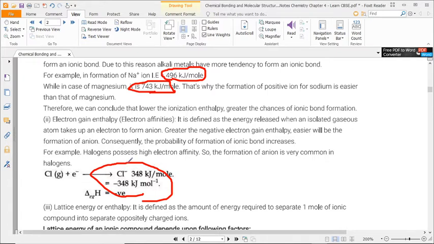A more negative value means more energy is given out and the atom is more stable. So if the atom releases more energy during electron gain, it is a stable one and readily forms the anion.